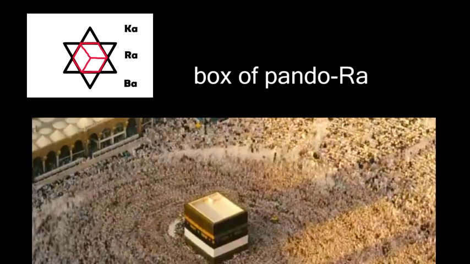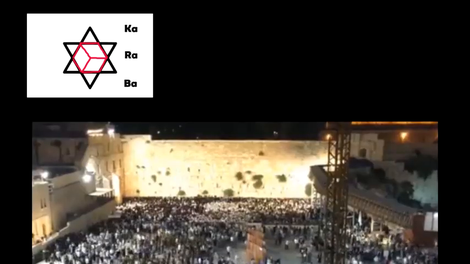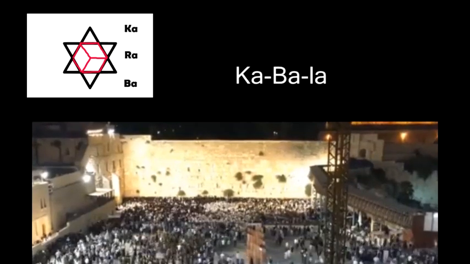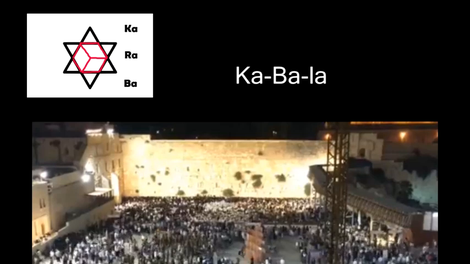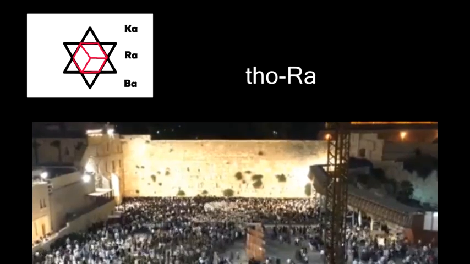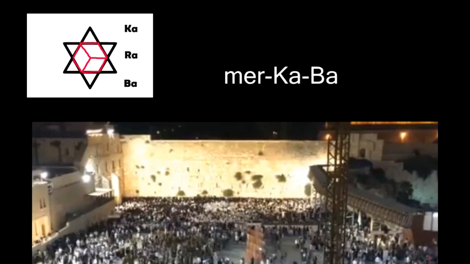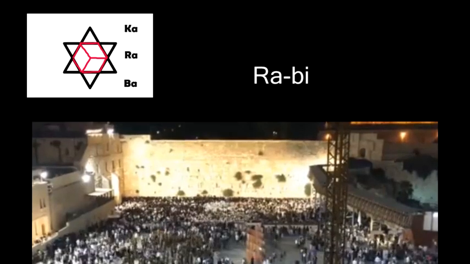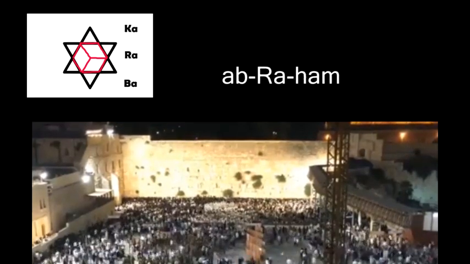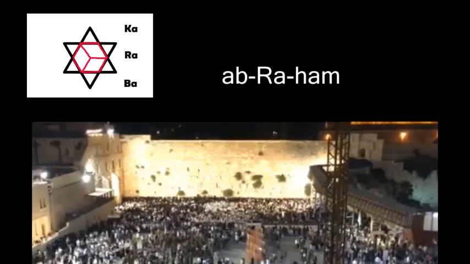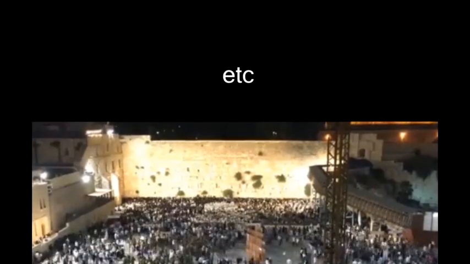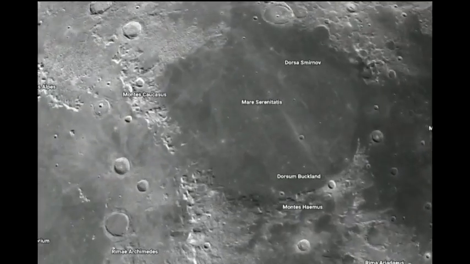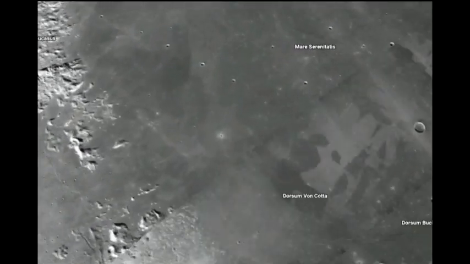Let's go to the so-called arch enemies of Saudi Arabia. Some of these words are probably coincidences. But let's go to another crater now, which is very important for our story.